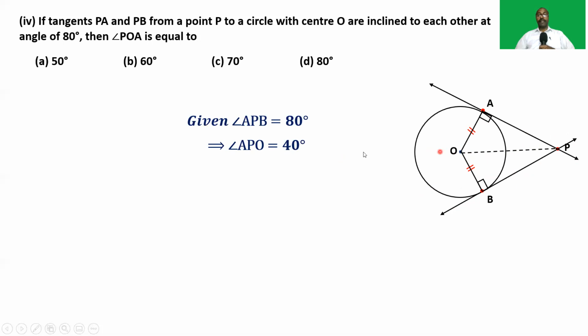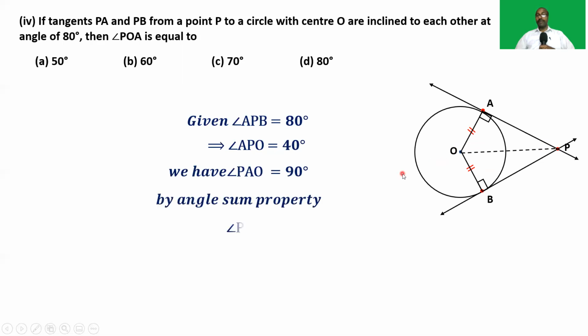And now we have to find angle POA. Angle POA. That is angle between OA and OP. So by angle sum property, we have angle POA is equal to 50 because we know that sum of angles is 180.